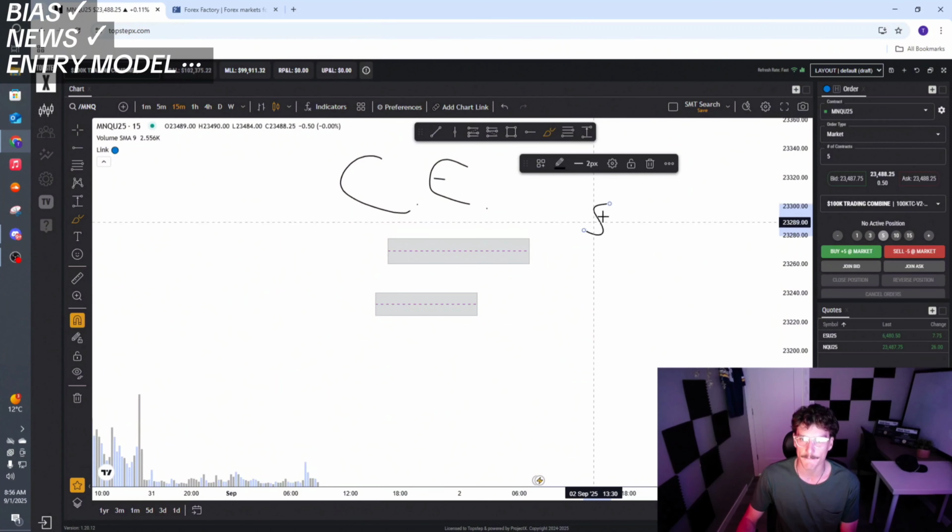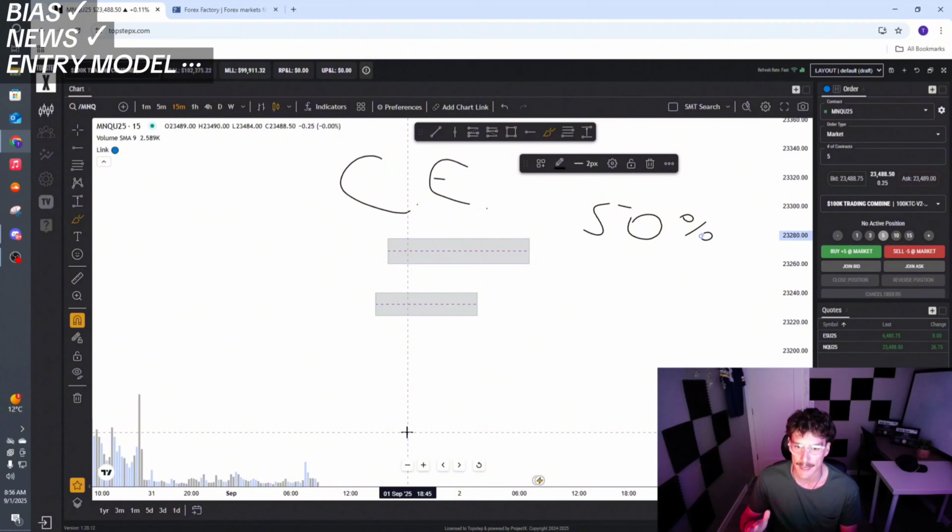CE is the 50% marker in any fair value gap, inverse fair value gap, order block. I don't use order blocks as often, but most definitely you can. Or wick of a low or high. And we'll go over examples of those lows or highs. But right now, we'll just talk about what CE is exactly.